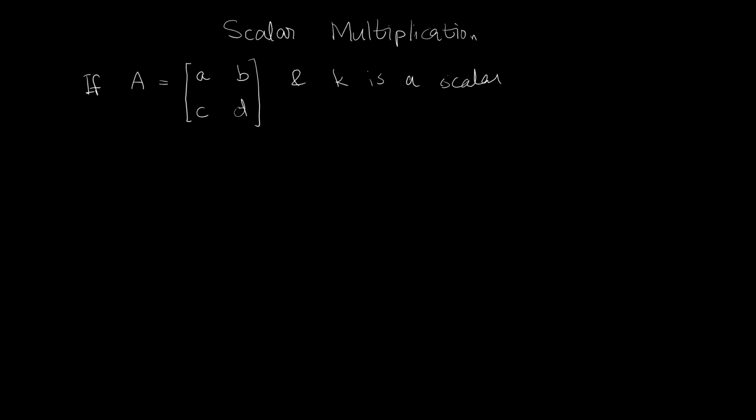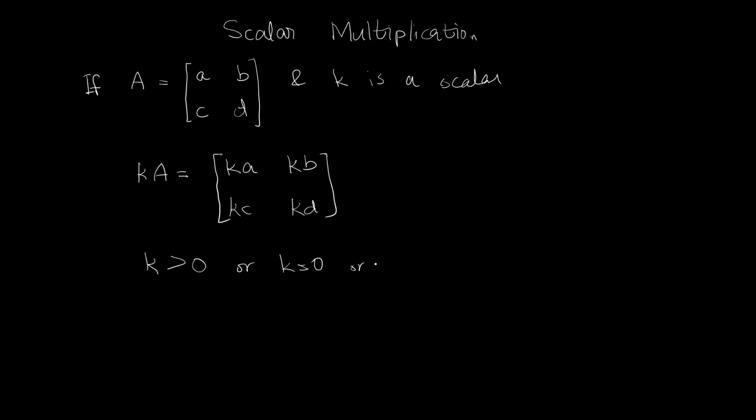So if that is the case, then K can be positive or zero or even less than zero. But again, K is a constant value. It is not a variable here.